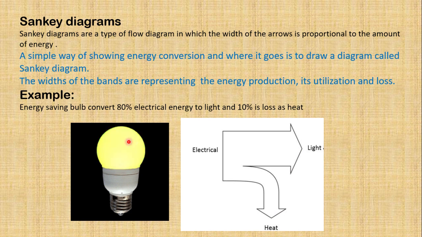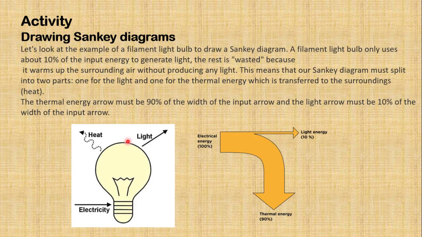There is an activity that is similar to this example that will help you to understand how to draw the Sankey diagram. Let's look at the example of a filament light bulb, for which we have to draw the Sankey diagram. A filament light bulb only uses about 10% of the input energy to generate light. The rest is wasted.